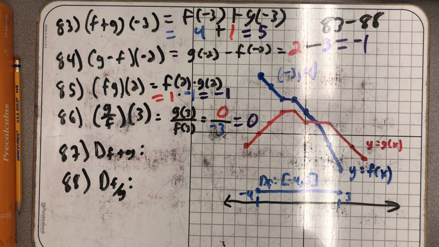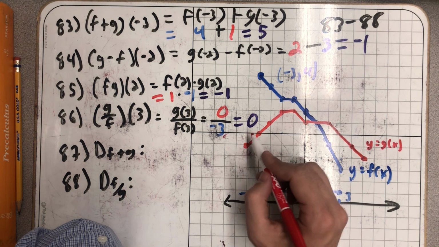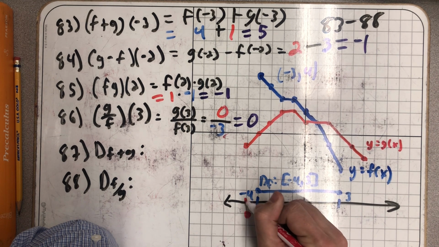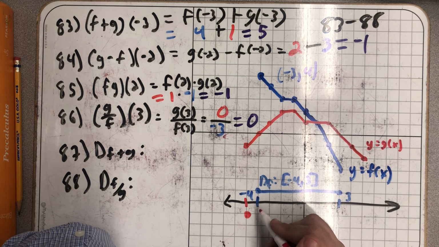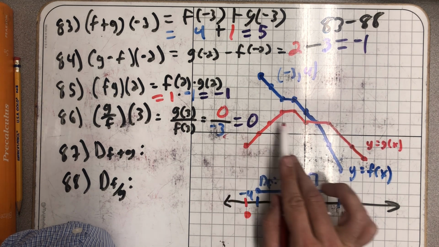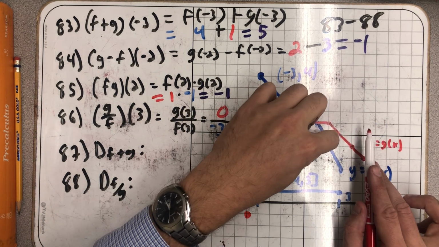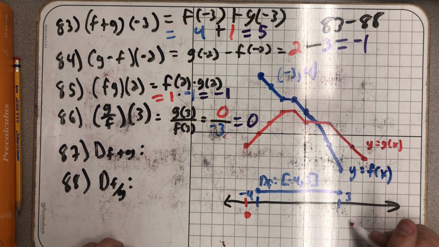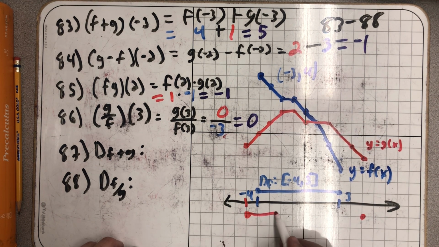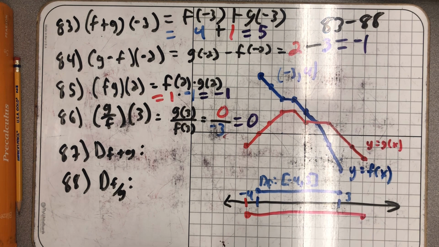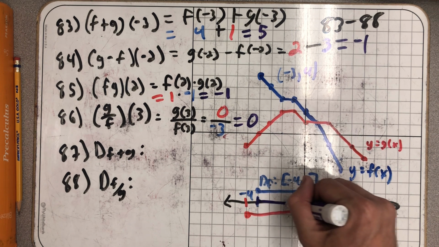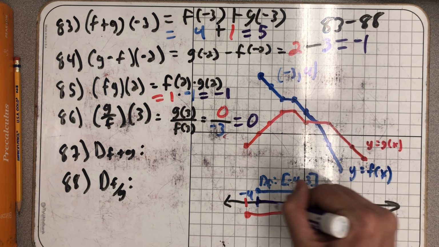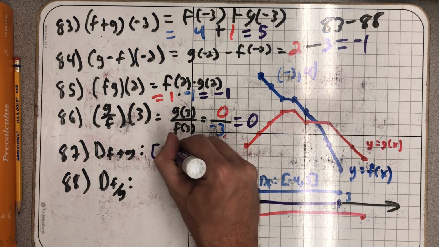The domain of g, well, it starts down here, right, all the way at minus 5. And then it goes all the way to here, and let's see this, 1, 2, 3, 4, 5. Well, the domain of f plus g is where those overlap. So that's the interval from minus 4 to 3.